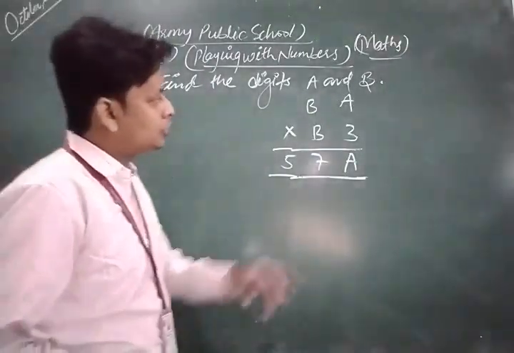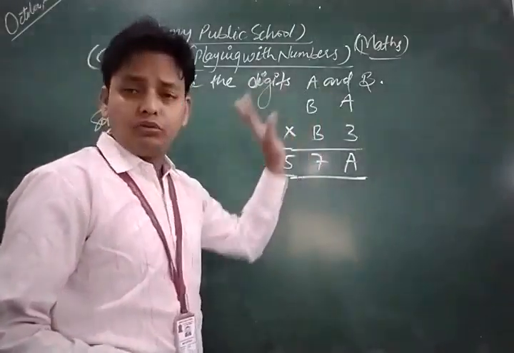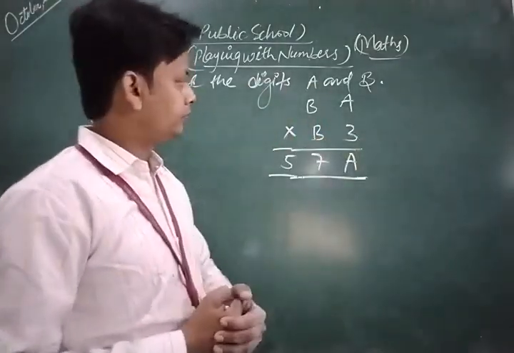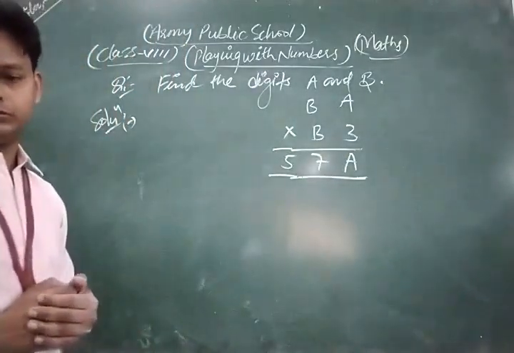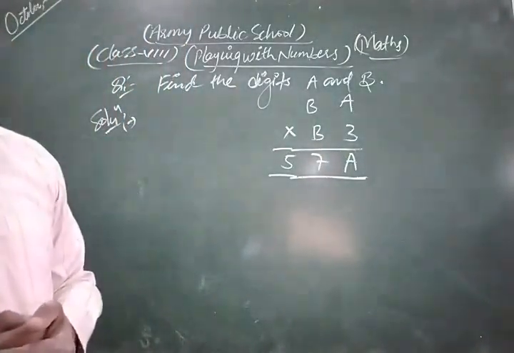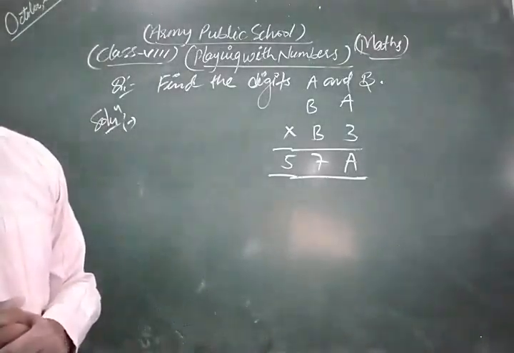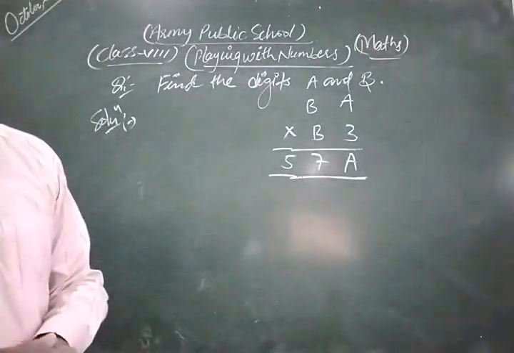Look, here we choose the value of A in this way. If we multiply by 3, then we get that.